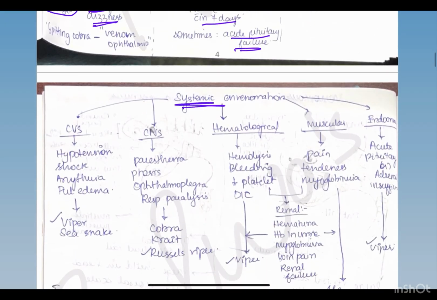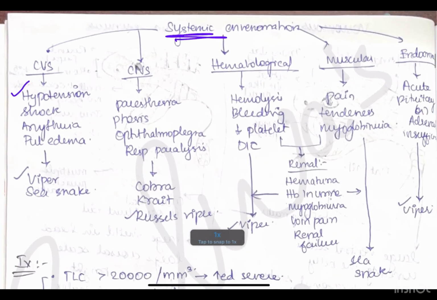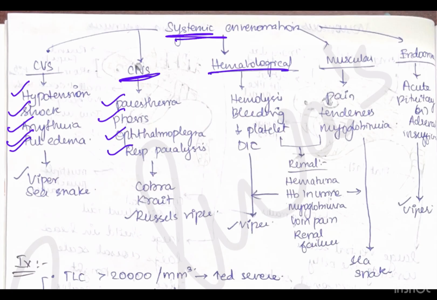Next, system-wise. In CVS, effects are hypotension, shock, arrhythmia, pulmonary edema. In CNS, paresthesia, ptosis, ophthalmoplegia, respiratory paralysis. In hematological, hemolysis, bleeding, decrease in the platelet count, DIC, which will also lead to renal failure, and in muscle, pain, tenderness, myoglobinuria, which could also lead to renal failure.